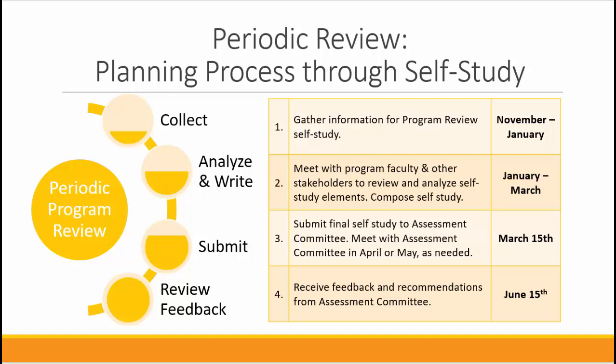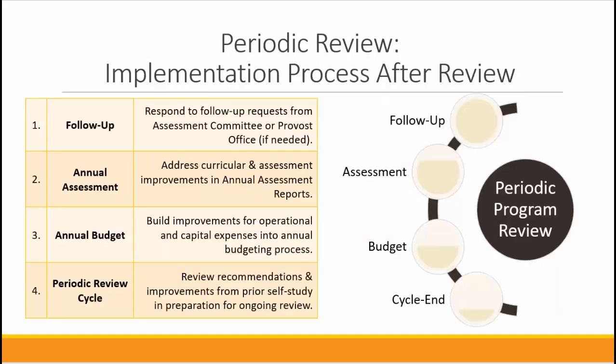So what follows after periodic program review? The first thing that you should expect is a follow-up in case there are any items that need direct address. The PPR self-study is evaluated by assessment committee reviewers on a 0, 1, 2, and 3 point scale. Anything that is scored as a 1 will require follow-up within the next PPR cycle.